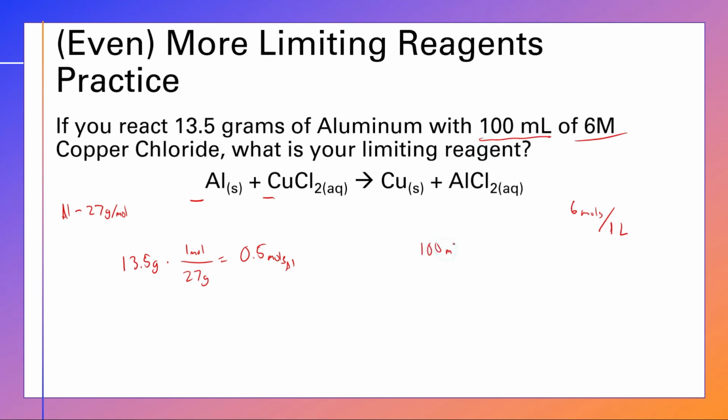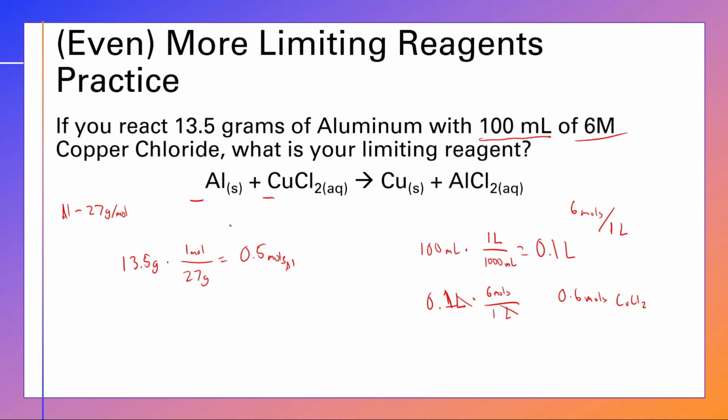So 100 milliliters times 1 liter per 1,000 milliliters equals 0.1 liters. 0.1 liters times 6 moles of copper chloride per 1 liter. Liters cancel, and we get 0.6 moles of copper chloride.